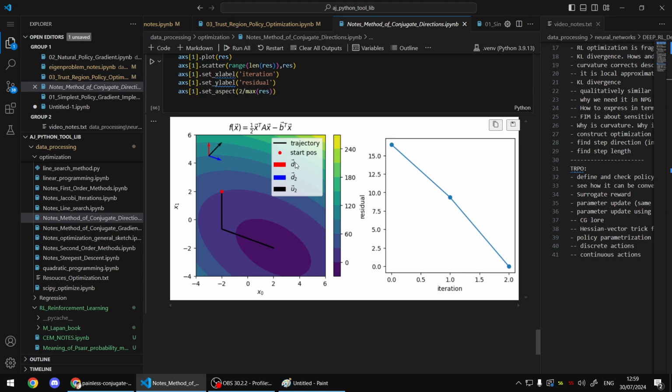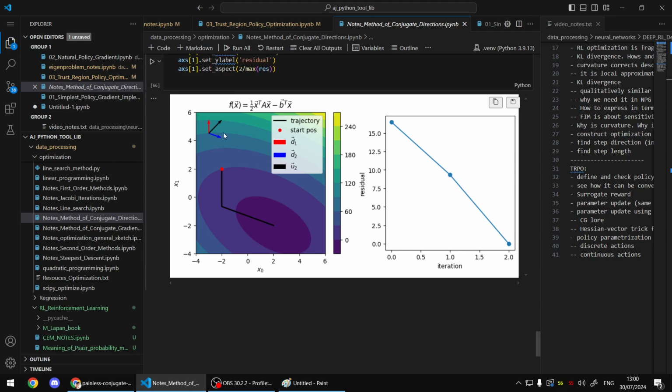Of course, we simply pick the first vector u1 as d1, and then we orthogonalize u2, and that's how it looks. It was basically red and black turned, conjugate orthogonalized, into blue.